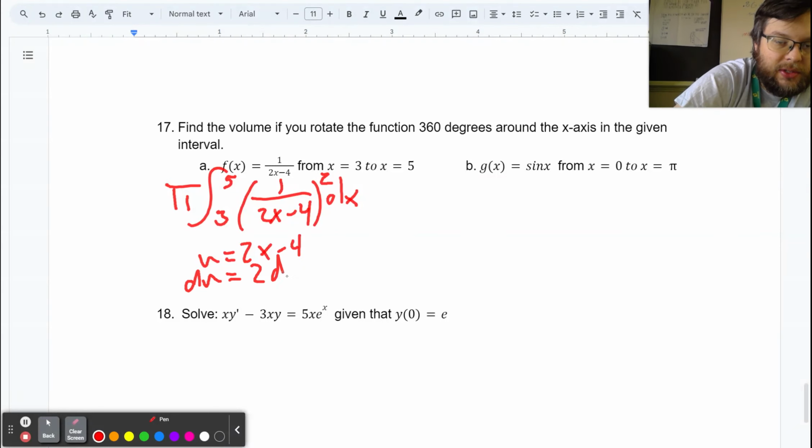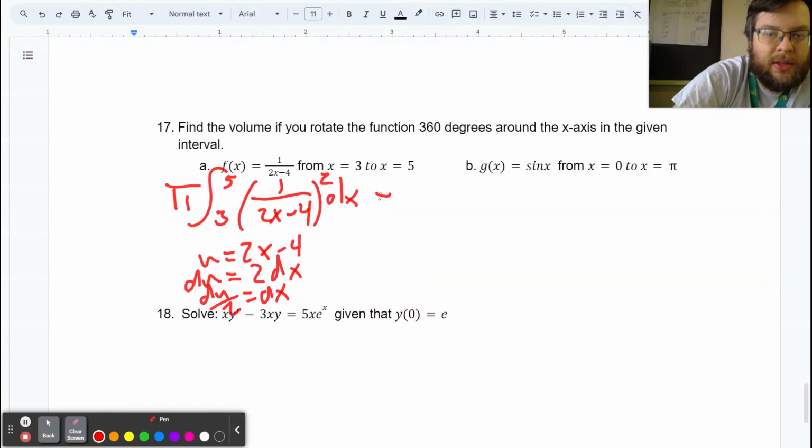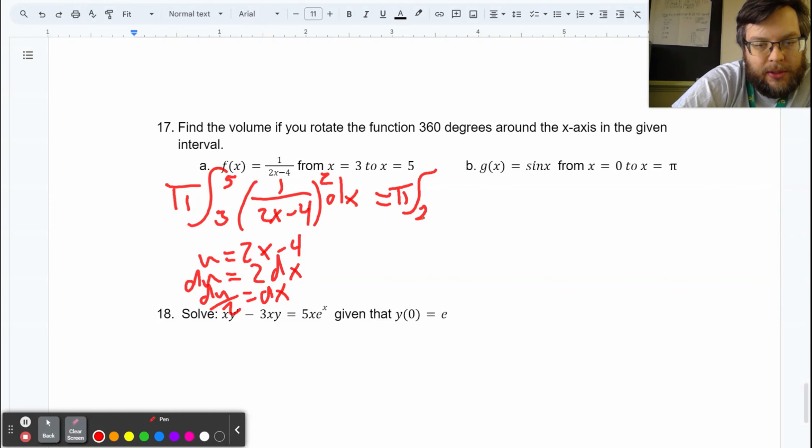So du is 2 dx, or du divided by 2 is dx. So now our integral is pi, and I can redo my bounds of integration. So if I do x equals 3, 2 times 3, 6. 6 minus 4 is 2. Do the top bound of integration. 2 times 5 is 10. 10 minus 4 is 6.